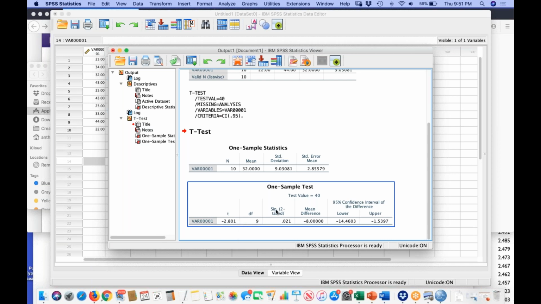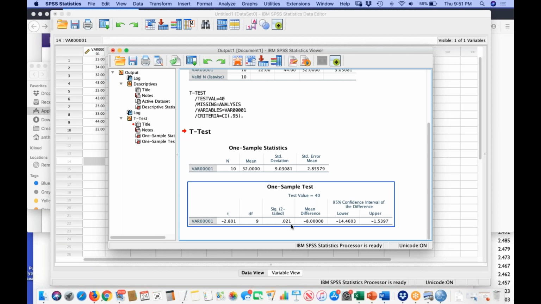If you look over here at two-sided significance, that stands for a two-sided, two-tailed test. It has a number here, which is 0.021. What SPSS does is calculate not just the t-value, but the probability you would be wrong if you reject the null hypothesis.